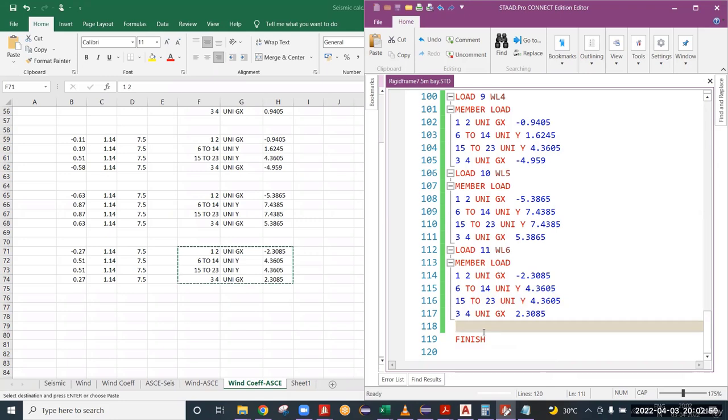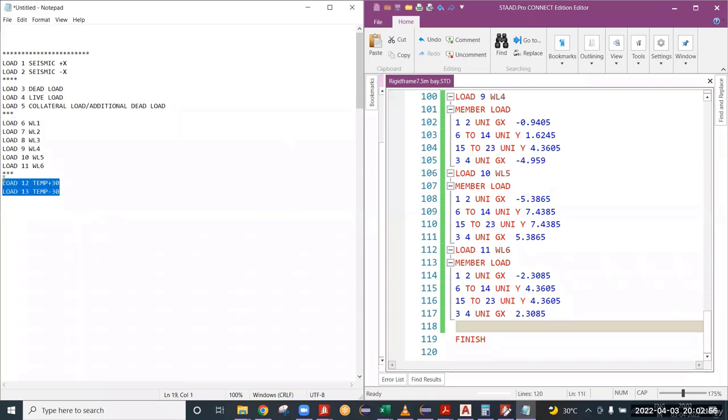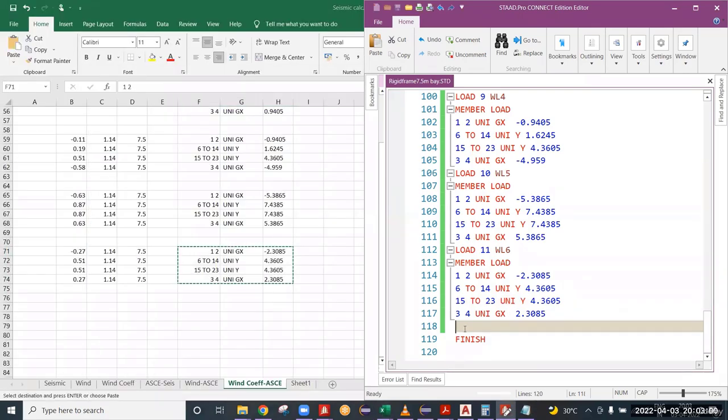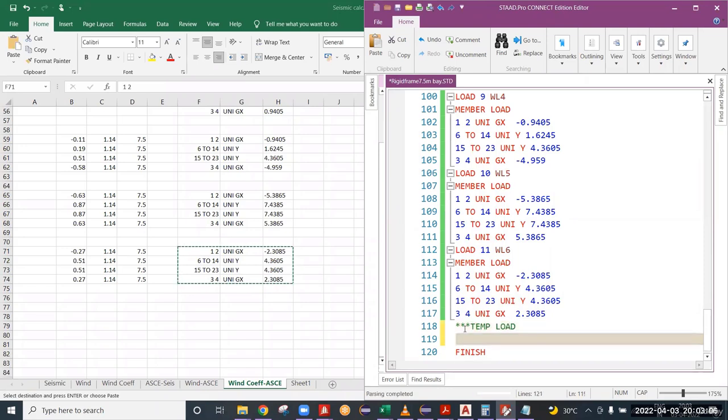Okay, so we have completed the wind loads. The last load cases are load number 12 and temperature load 30. These are temperature loads. There is a syntax for temperature load.